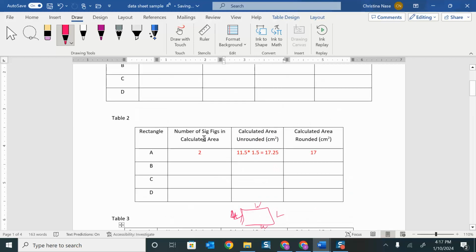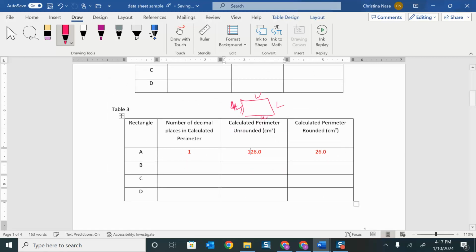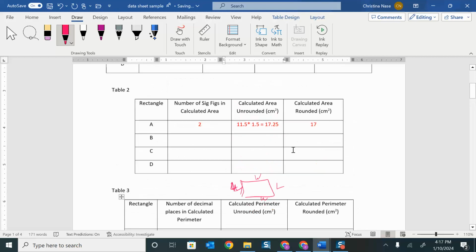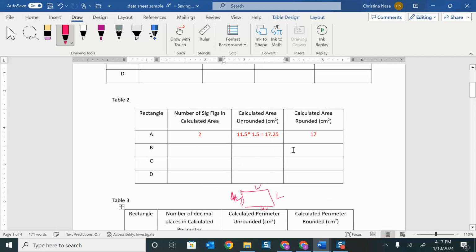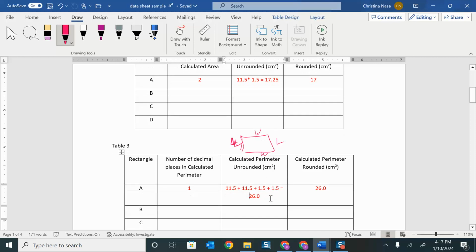For this, I have 11.5 plus 11.5 plus 1.5 plus 1.5, and that should equal 26. I'm just adding up 2 times the width and 2 times the length, and it's 26.